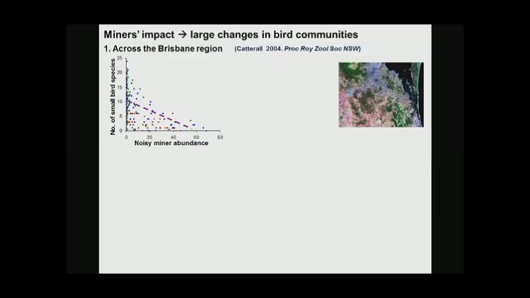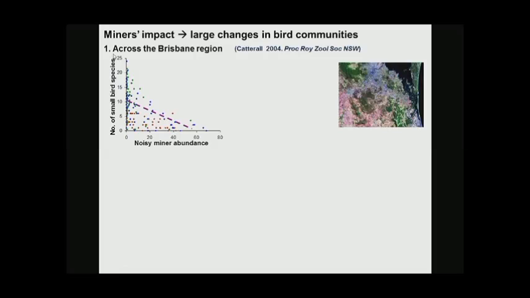Secondly, what about their impact on bird communities? Again, this is based on data collected a number of years ago at sites across this southern Brisbane region. Here we're looking at the effect of increasing numbers of noisy miners on the number of species of small bird.